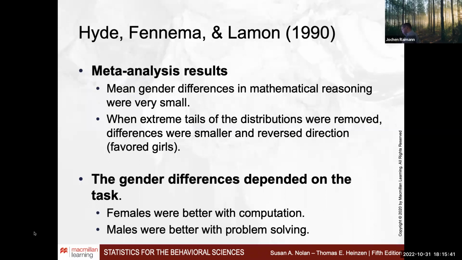They found some differences in terms of task administered to the participants: females were better with computation and males were better with problem solving. I'm not a psychologist, I can't comment on this. I've seen enough in my life that I don't think there's a real difference between women and men when it comes to mathematics and statistics. But these are the insights from the meta-analysis.